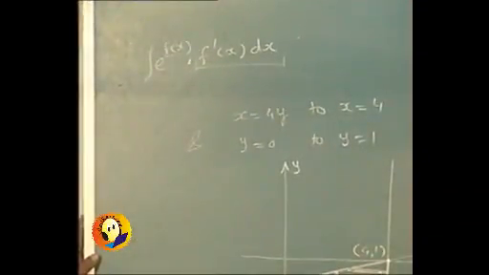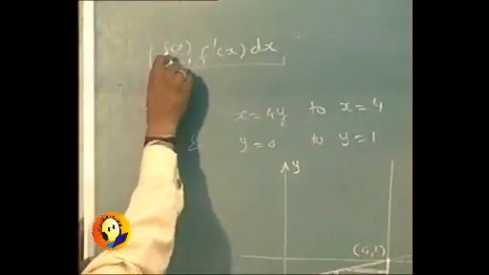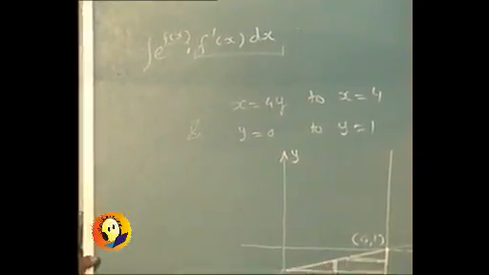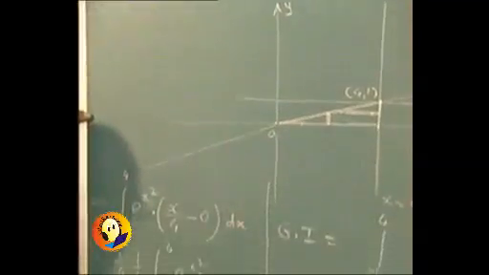The integral value is e raised to t, and you can resubstitute t as f(x), it will be e raised to f(x). If I am to use this particular formula, in this case I have e raised to x square, and so f dash x will be 2x. Out of that x I already have. So we will be simply adjusting 2 over here, and will directly use the result.